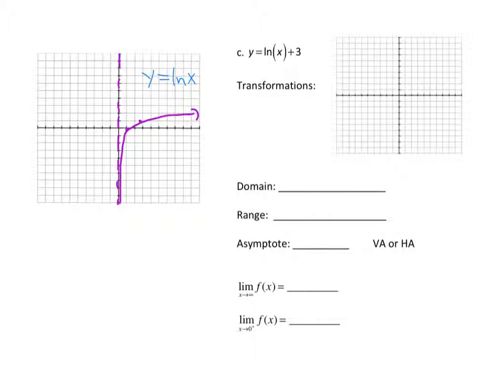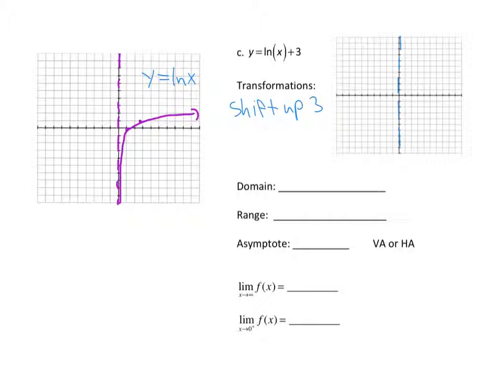In the next example, we are shifting a natural log graph. We have a +3 on the outside, so that's going to be a vertical shift, and it's going up 3. When I move this graph up 3, the asymptote is not going to be affected, so I still do my asymptote on the y-axis. And I just move the graph up 3.